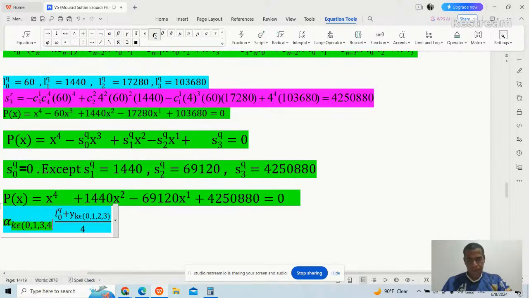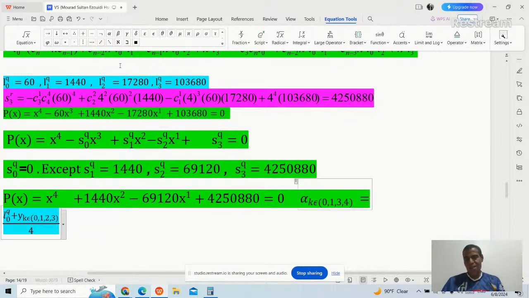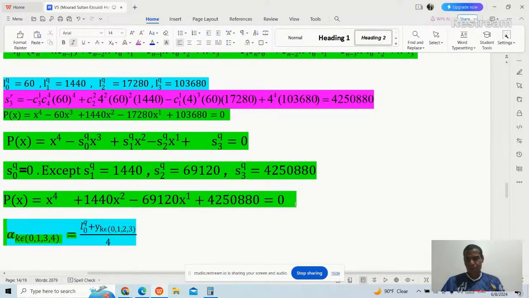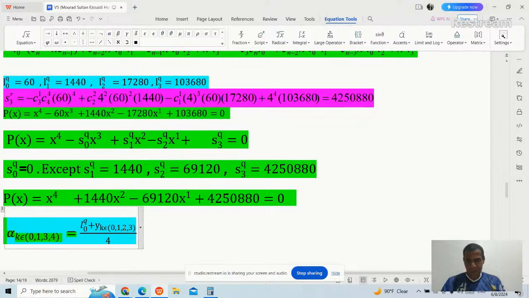This should be equal to L0 plus yk, for k from 0, 1, 2, 3 and 4. Divide by 4.